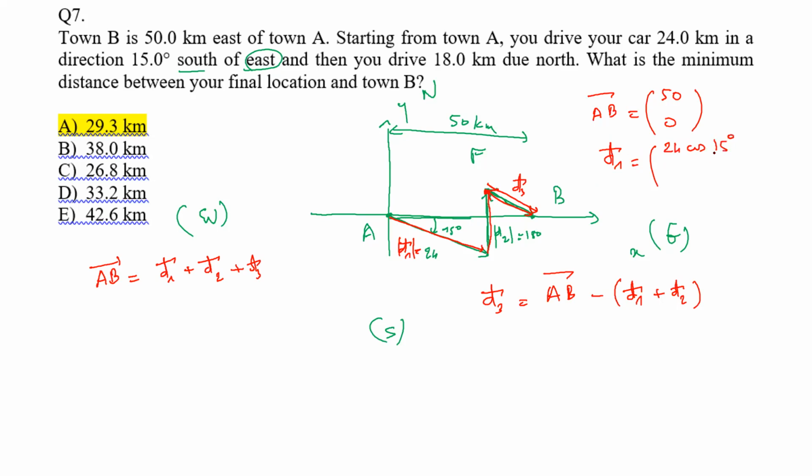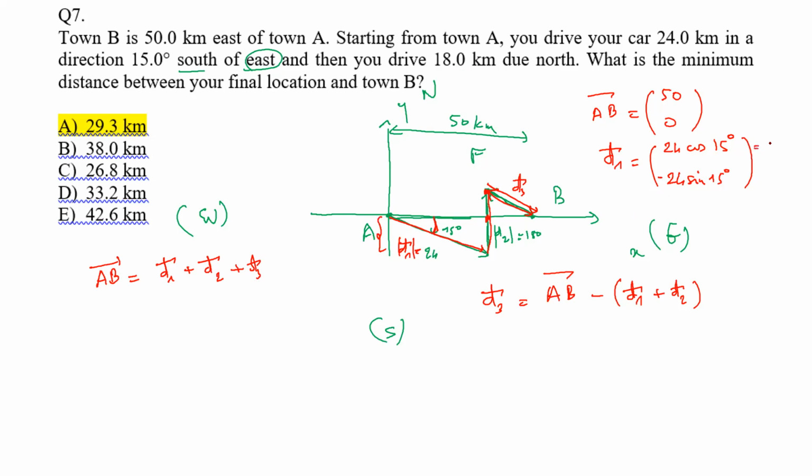And you see this is positive. But along Y, I will have minus 24 sine 15 degrees. So here's this 15 degrees. You see that this component is positive along X, but along Y, it will be a negative component. That's why I have here minus.